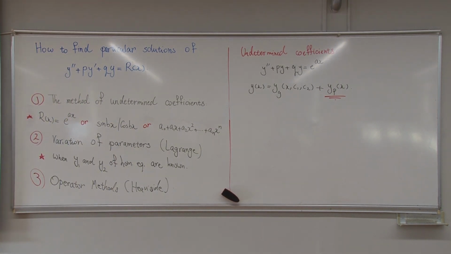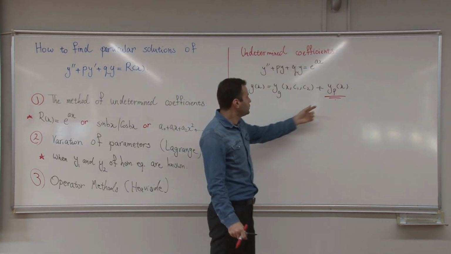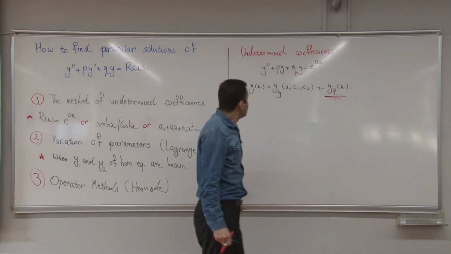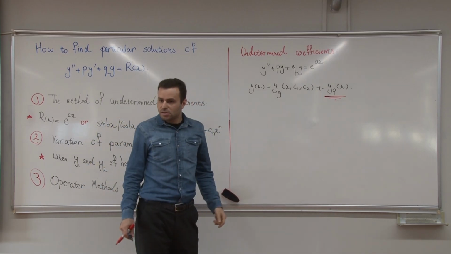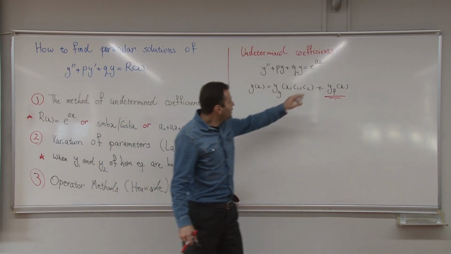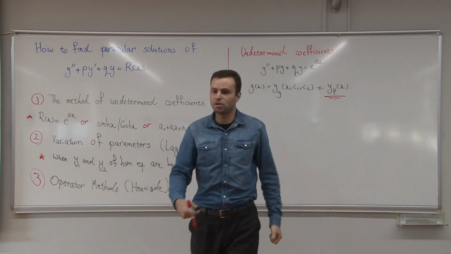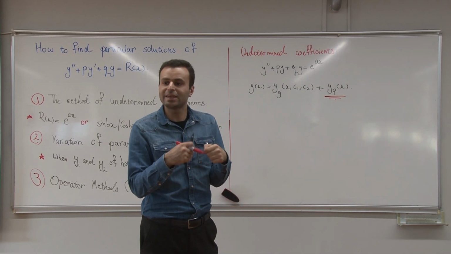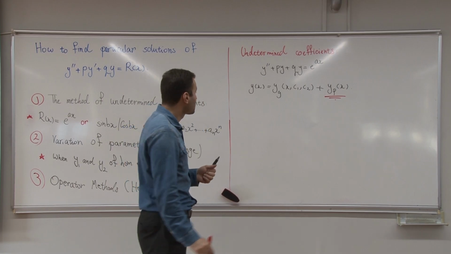We have a nonhomogeneous equation like this, and we would like to find this one. When we are using this method of undetermined coefficients, we normally look at the type of this function and we add some coefficients to this function, and then we will try to find that coefficient. That is why this is called the method of undetermined coefficients.